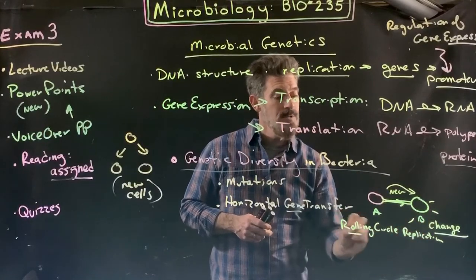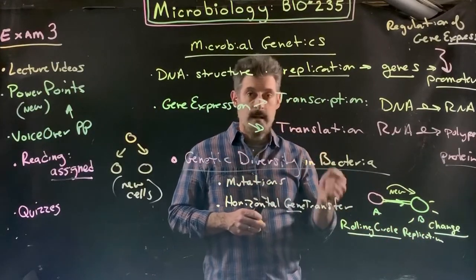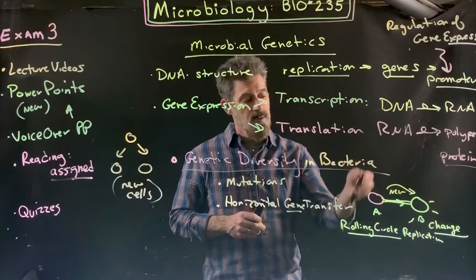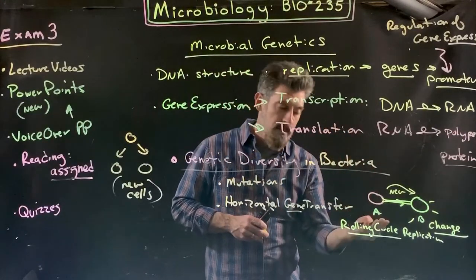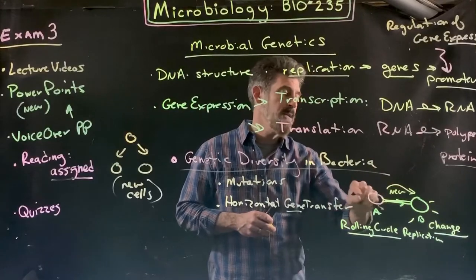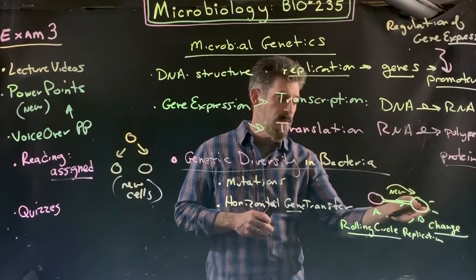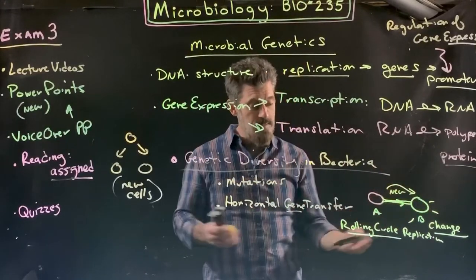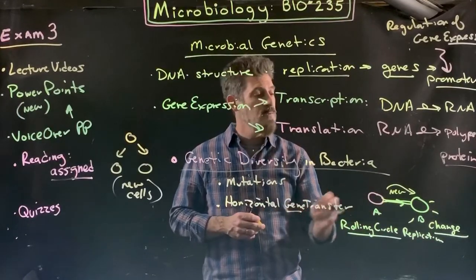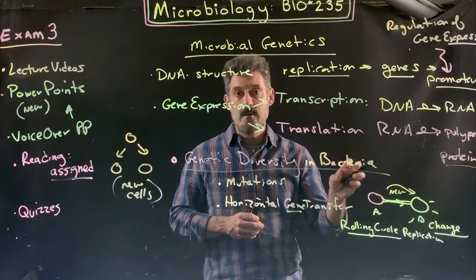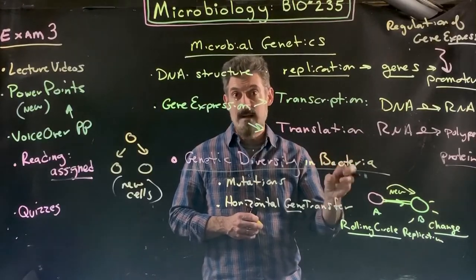So it's going to be a unique type of DNA replication that's going to occur in what we're going to call F+ type cells that are going to make DNA as a single strand that's going to be passed through the pilus and go into the new recipient cell. So this is going to be a whole process we're going to go through called conjugation, and there are going to be other processes where cells are going to get new DNA from a virus.